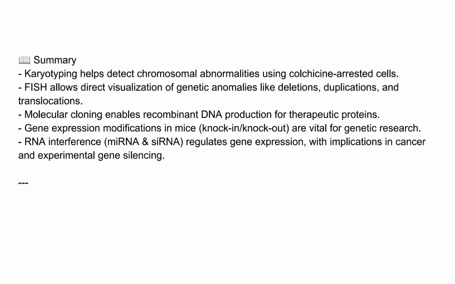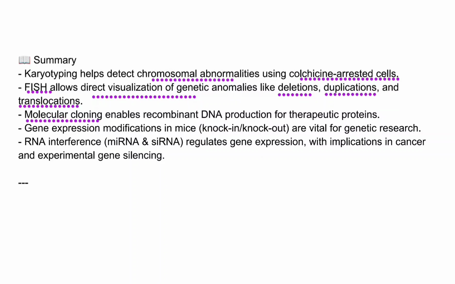Now we will discuss the summary of our lecture. Karyotyping helps detect chromosomal abnormalities using colchicine-related cell arrest. FISH, or fluorescence in situ hybridization, allows direct visualization of genetic anomalies like deletions, duplications, and translocations.